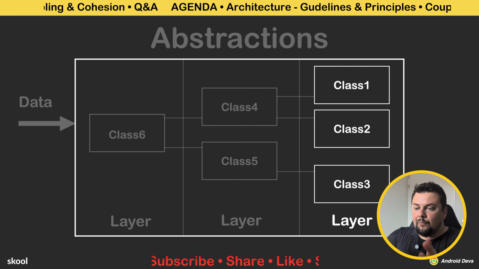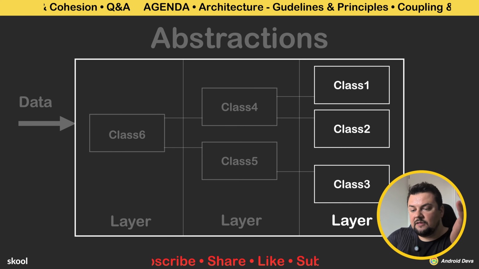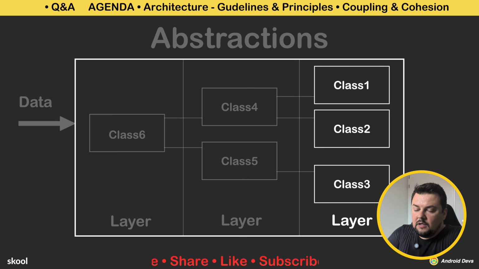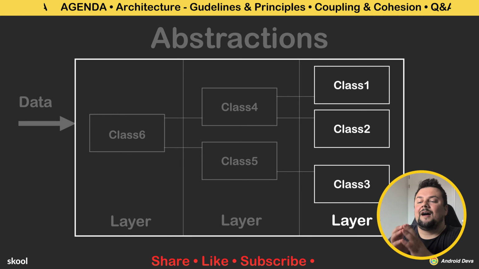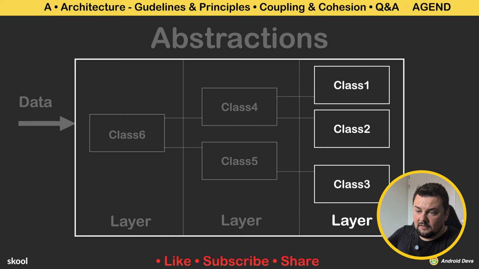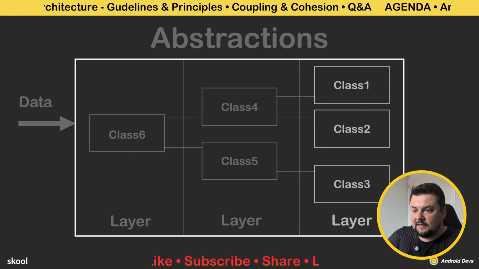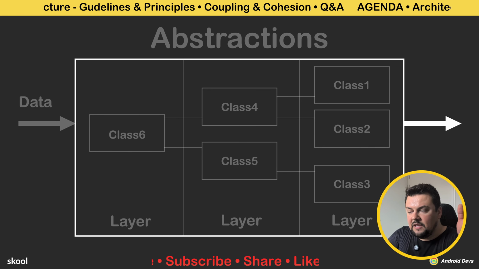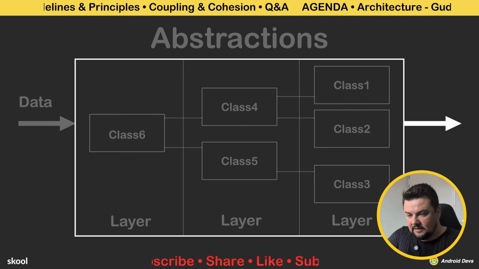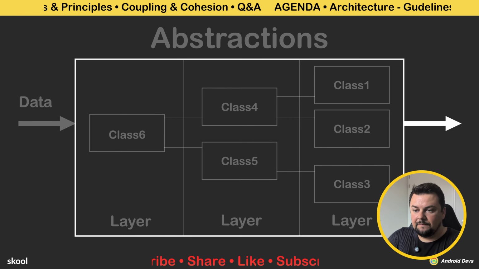And then at some point, it will reach a boundary. And this boundary is an integration point. This integration point is a point where our system integrates with another system, external, being, let's say, HTTP or database or disk, whatever. It's outside of our system.